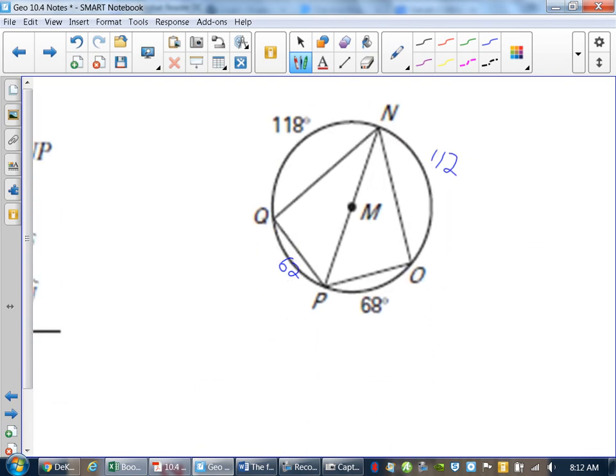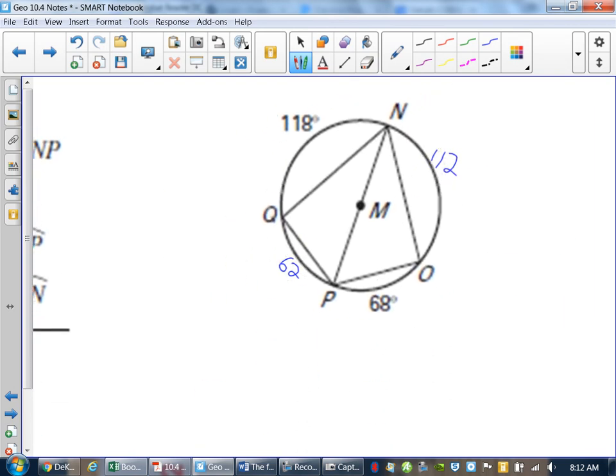Oops. Messed it all up here. Now look again. You knew you had a diameter. What do your 2 angles have to be at Q and angle O? They both have to be 90 because they ran into a diameter. The measure of the inscribed angle, the angle that it runs into, is half of an arc. So if the arc is 180, that makes these both 90 degrees.